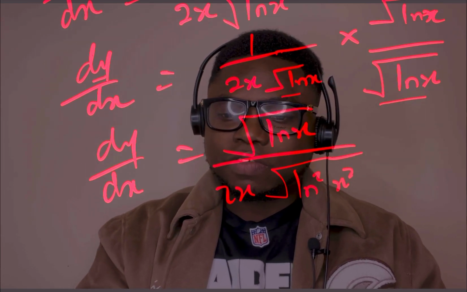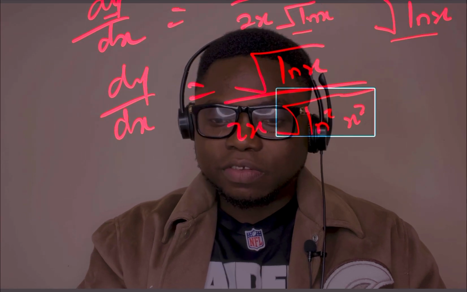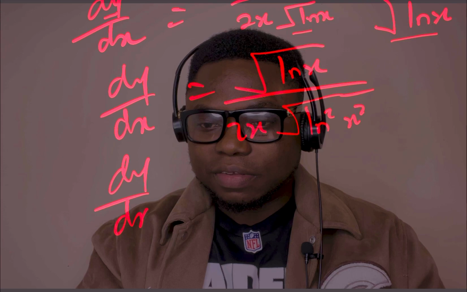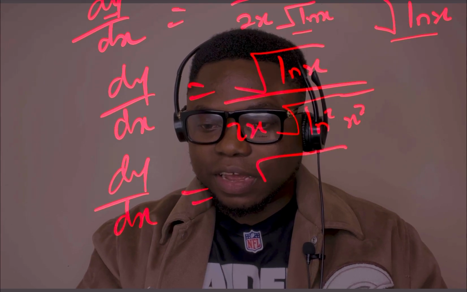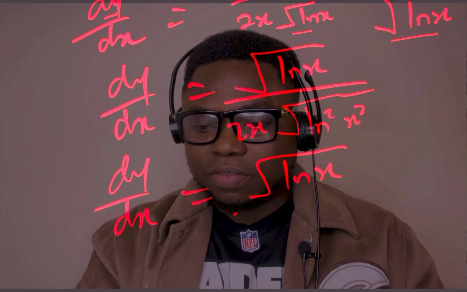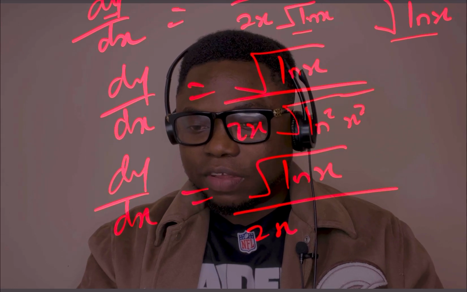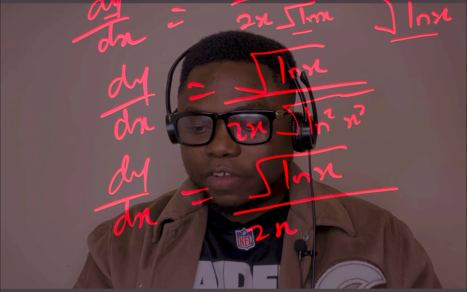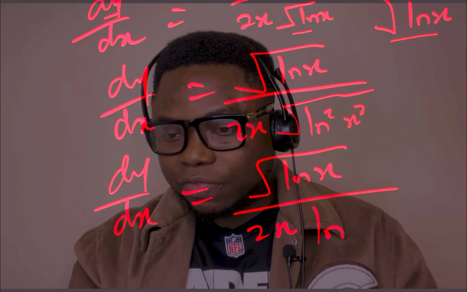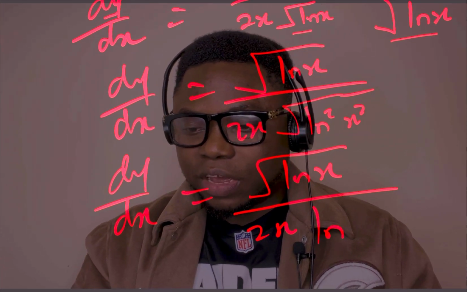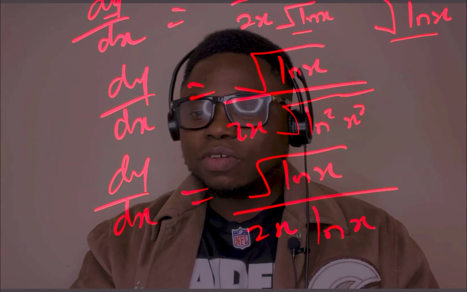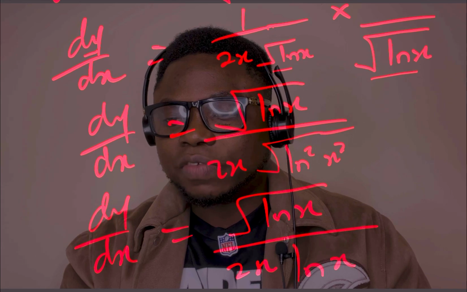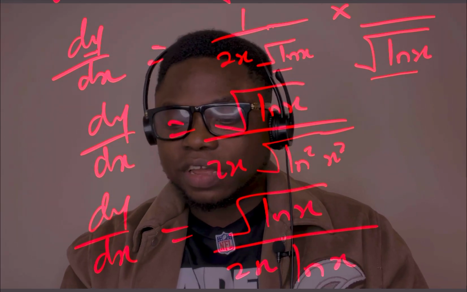And if you find the square root of ln squared, it's going to give me ln. Okay, I'm going to write ln x divided by 2x. Then square root of x squared is going to give me x. So if you say square root of ln x times square root of ln x is going to give just ln x.